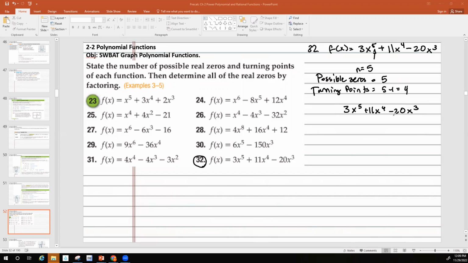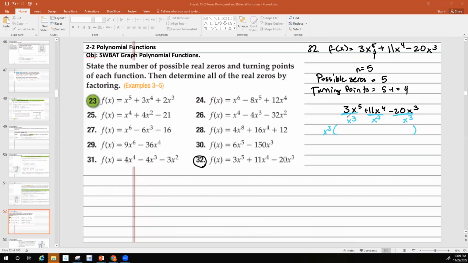How do we make it into a constant? By factoring out your smallest variable term. So here we have an x cubed. So we're going to factor out an x cubed from everything. And when we do, what do we get?